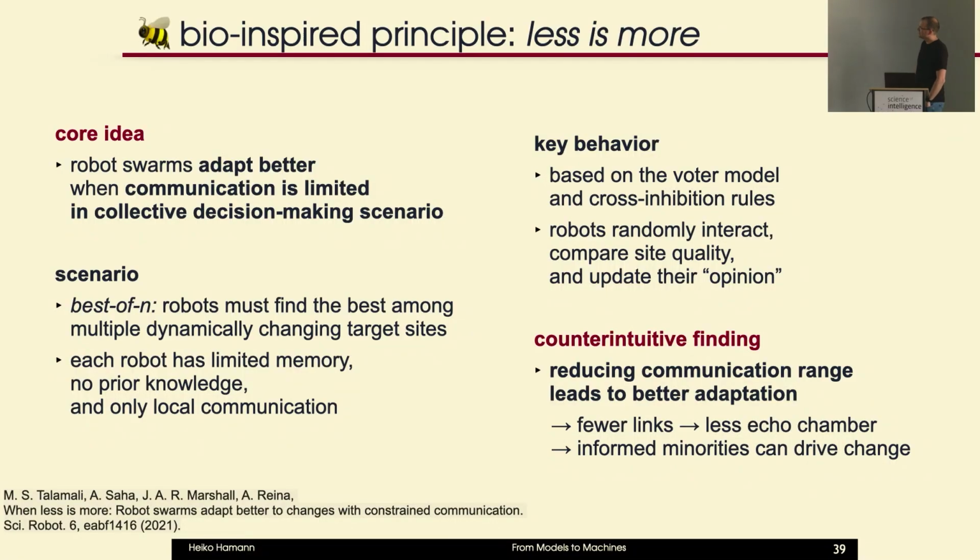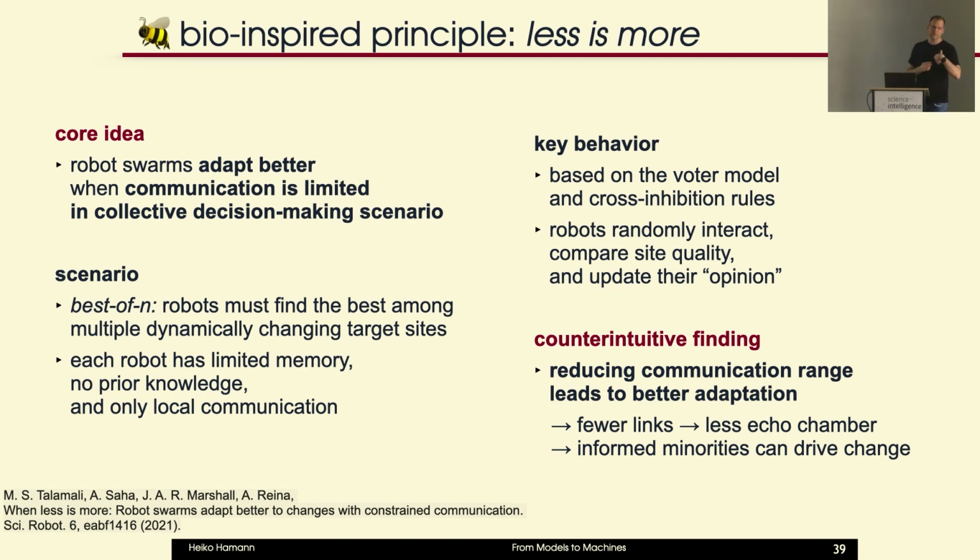So what is this less is more? We're talking about collective decision making. You have a swarm of animals or robots, and they're presented different options, a number of options n. They come with different qualities, and the swarm is supposed to choose what is the best option right now.